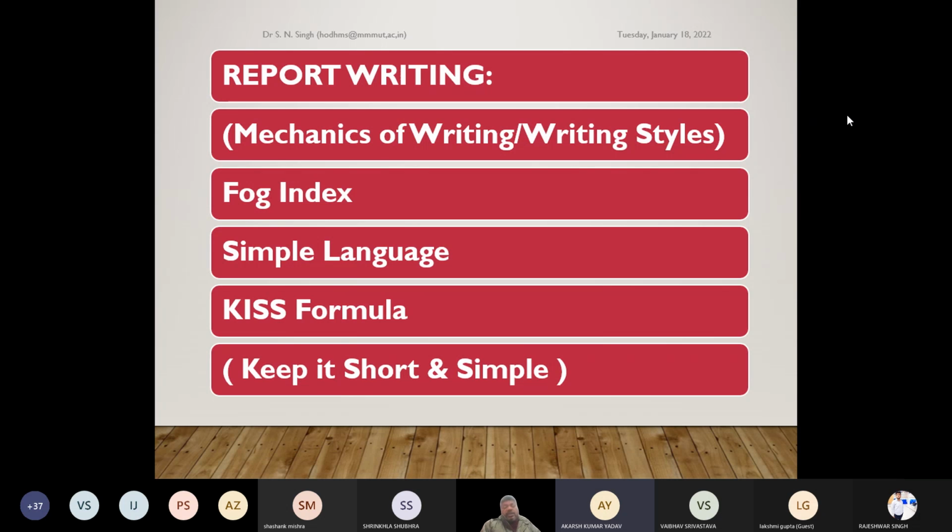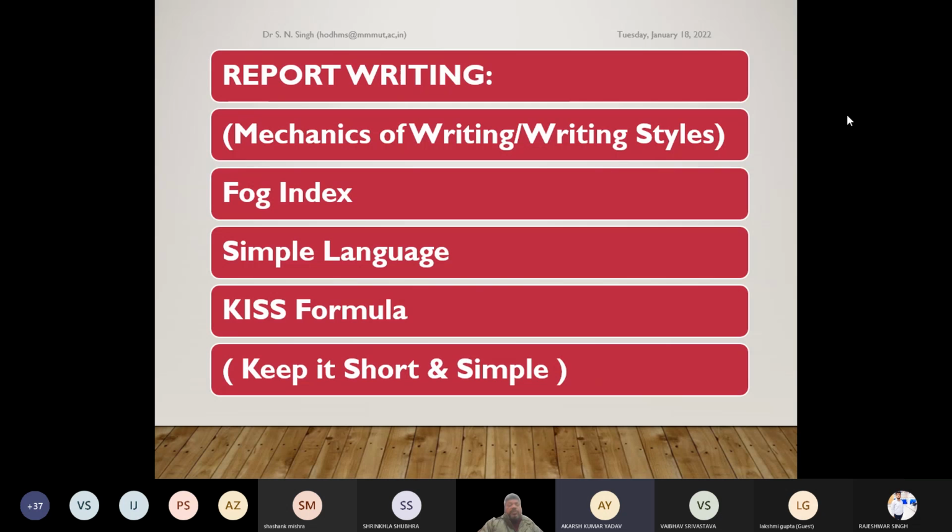Similarly, if a writing is using very difficult English, difficult jargon, then the fog index will be very, very high. For a good professional writer, it is highly advisable to make his language simple, as the objective of all professional writing is making complex simple.